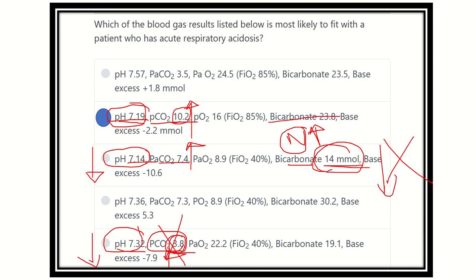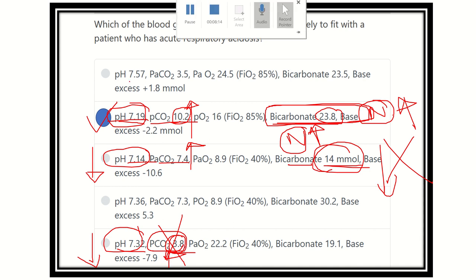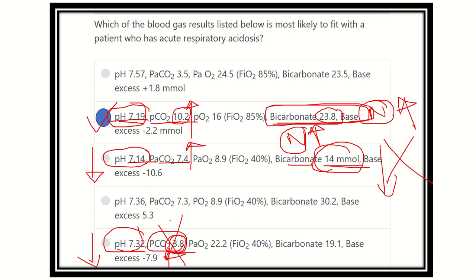And bicarbonate is 23.8, which is the normal range. So bicarbonate should be normal or increased. As the bicarbonate level is normal, the partial pressure of carbon dioxide is increased and pH is decreased, in this condition the equation is true. I think it is clear. If you have any confusion regarding ABG, you can comment here. Thank you all.